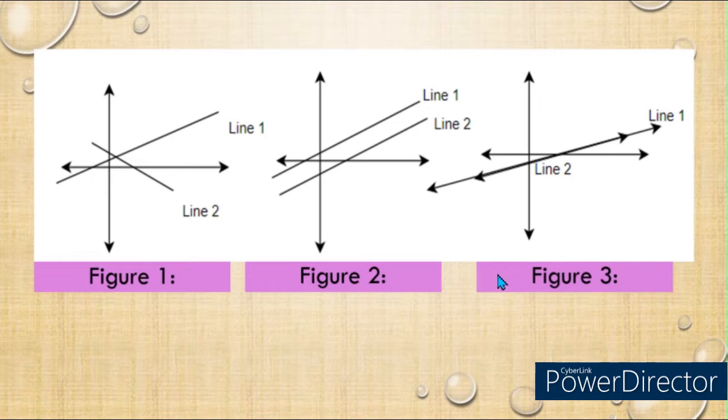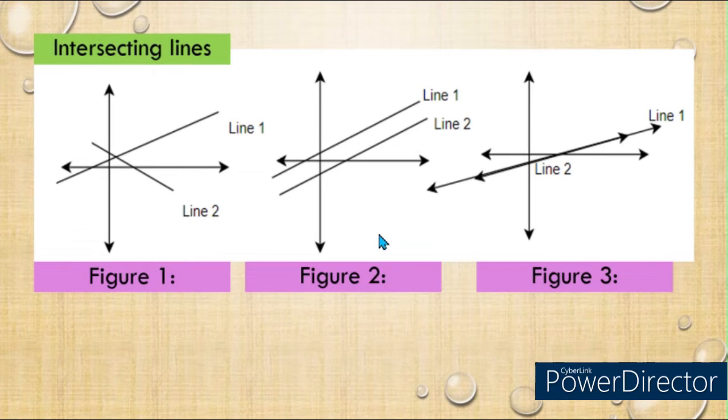Okay, so in figure 1, this is what we call intersecting lines. So there is one point of intersection. So there is only one solution in the system of linear equations. Take note, if the graph is intersecting lines, there is only one solution.